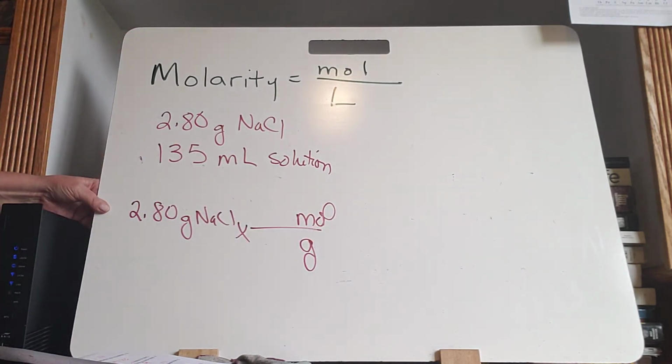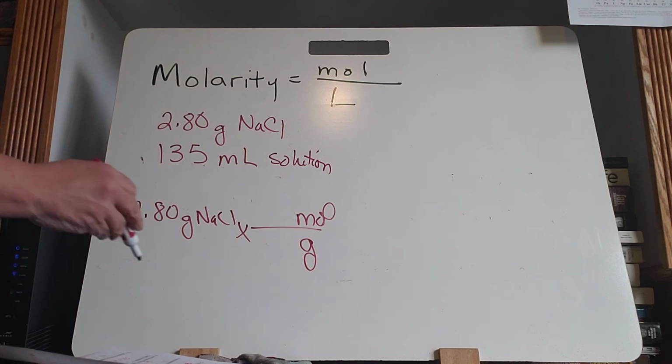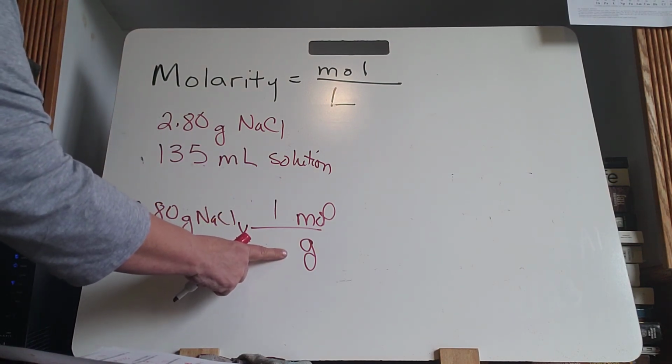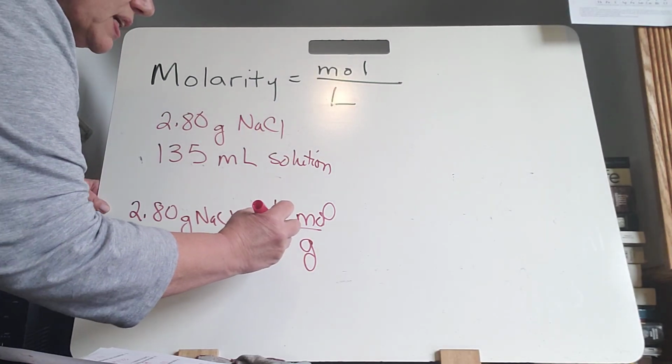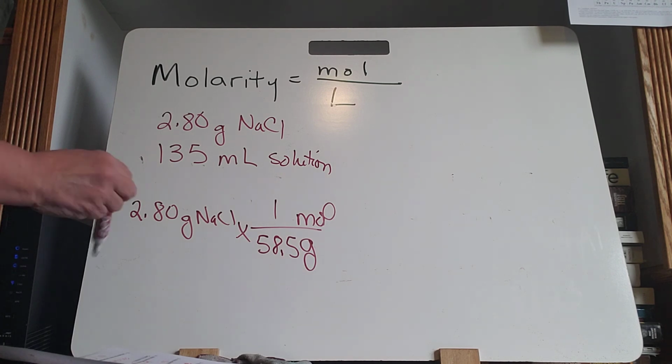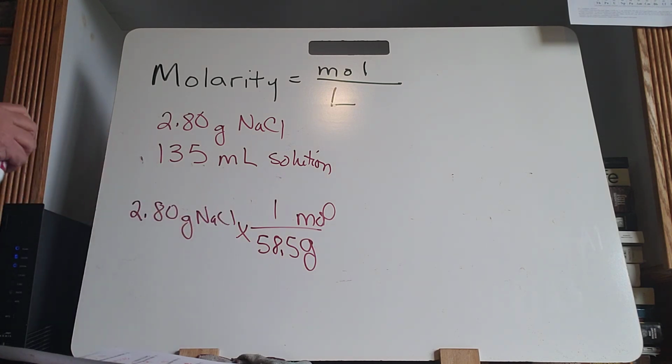I'm going from grams to moles. And I know that for every 1 mole, I have the molar mass here, and that's 58.5 grams, adding up 23 plus 35.5. Now, if your answer is slightly off, like 0.1, 0.2, you're not doing anything wrong.